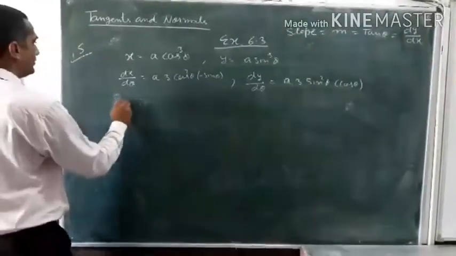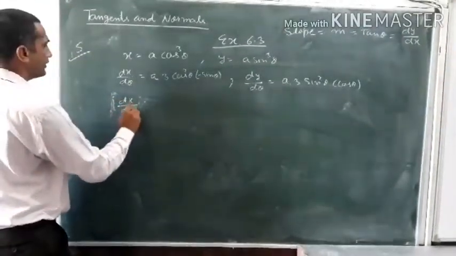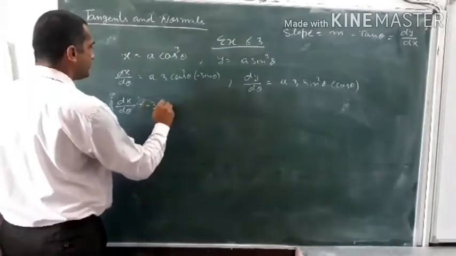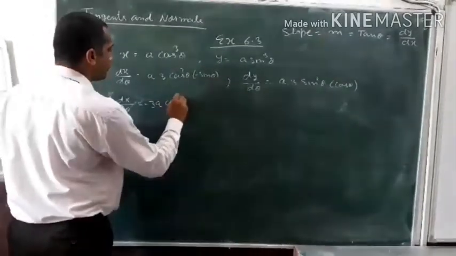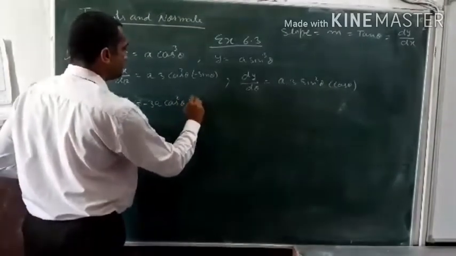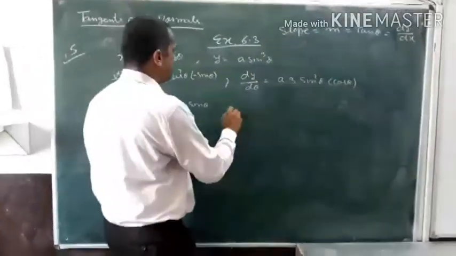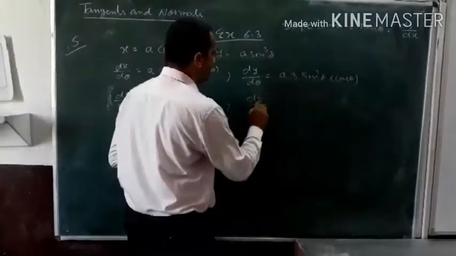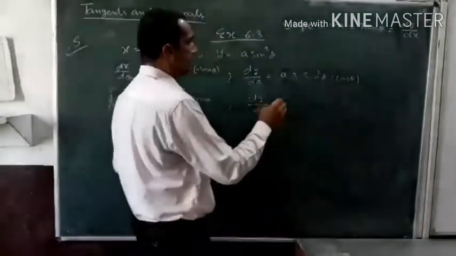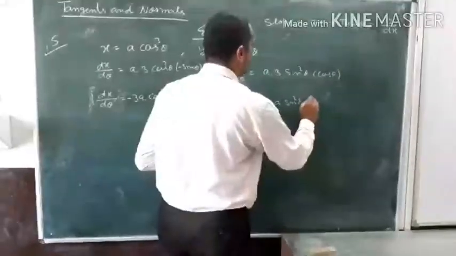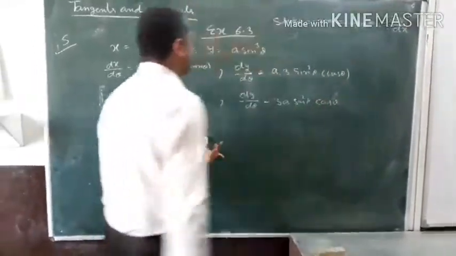So dx over d theta is equal to minus 3a cos square theta sin theta, and dy over d theta is equal to 3a sin square theta cos theta.